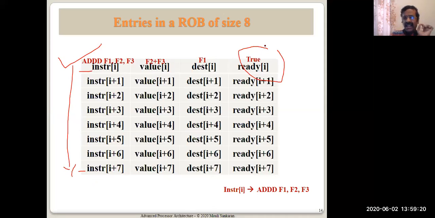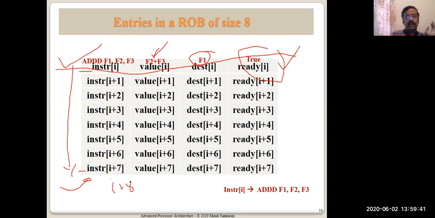That means I can safely write this value into F1, and remove the entry from here. Now another instruction can be put into the instruction buffer ROB, which is I plus 8. I plus 8 can come now. Remember, this ROB can hold only 8 instructions, suppose. Then I can have a maximum of 8 instructions issued.